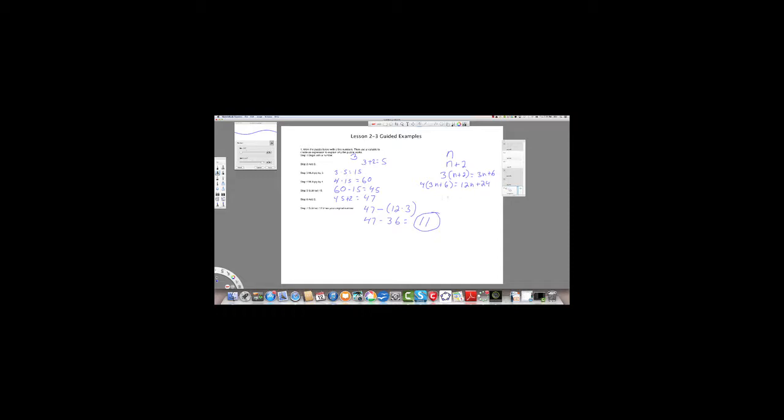Okay. Then it says to subtract 15 from this. Well, that's going to be 12n plus 24 minus 15, which equals 12n plus 9. Then we add 2 to that. 12n plus 9 plus 2 equals 12n plus 11.